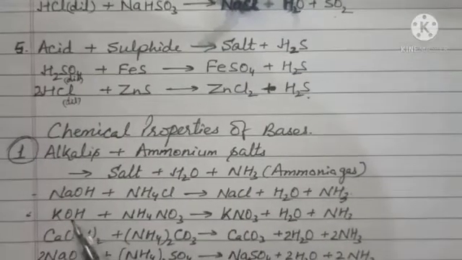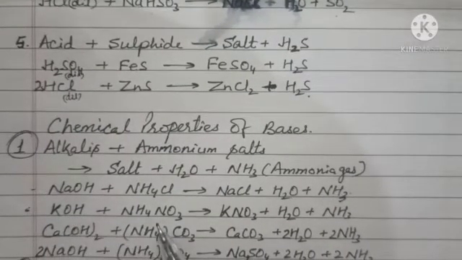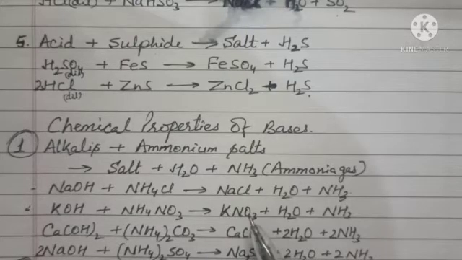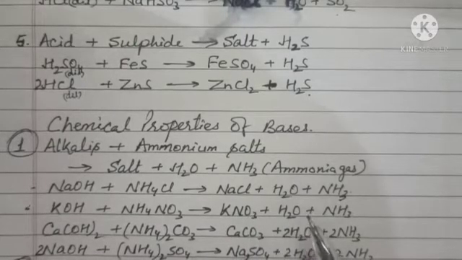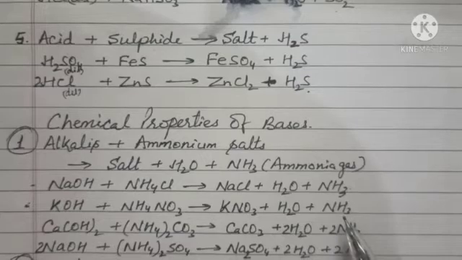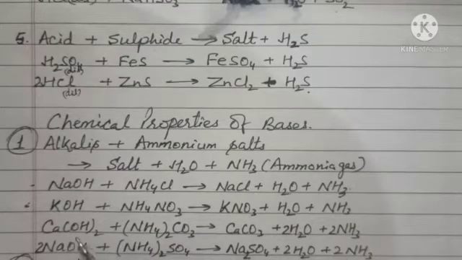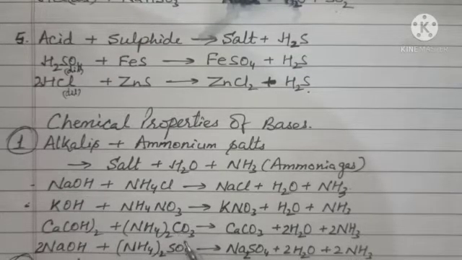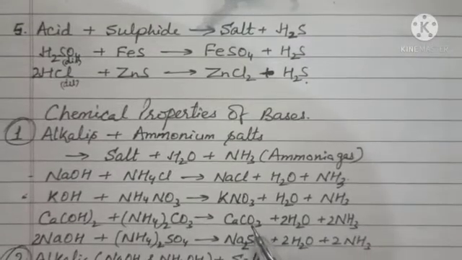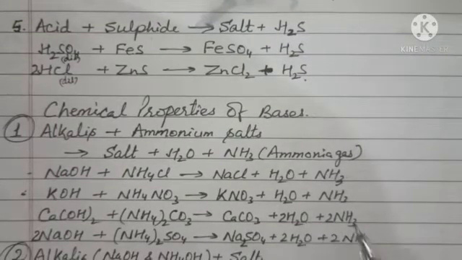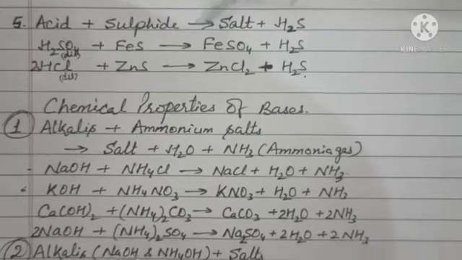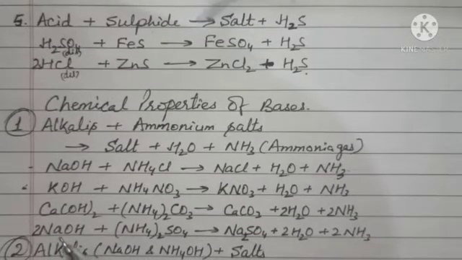When potassium hydroxide, which is an alkali, reacts with ammonium nitrate, it gives you potassium nitrate plus water and ammonia gas. Same way calcium hydroxide when it reacts with ammonium carbonate gives you calcium carbonate, water and ammonia gas. Next, sodium hydroxide when it reacts with ammonium sulfate gives what?